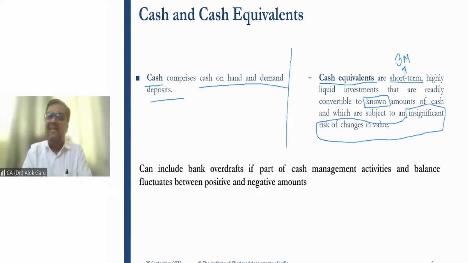Friends, is it a cash equivalent? For an item to be a cash equivalent, the 3 months criterion is not the only criterion. It is one of the criteria. The second criterion is that cash equivalents are short term, meaning investments which can be liquidated within 3 months, short term highly liquid investments that are readily convertible to known amounts of cash.